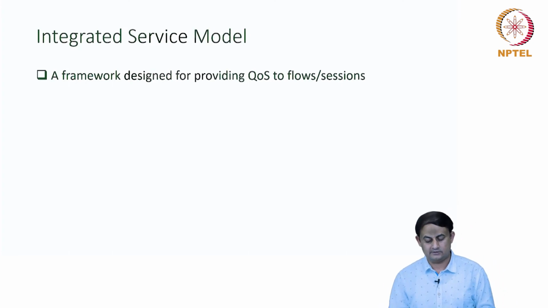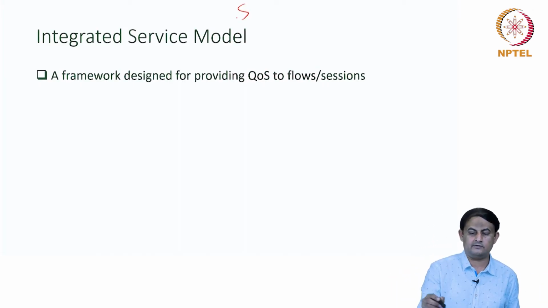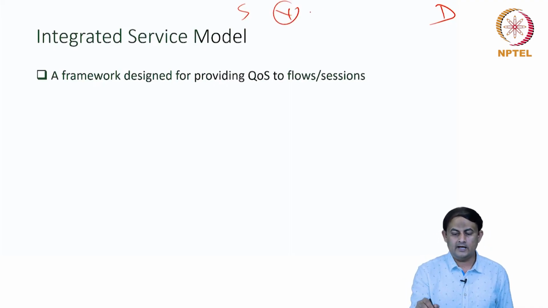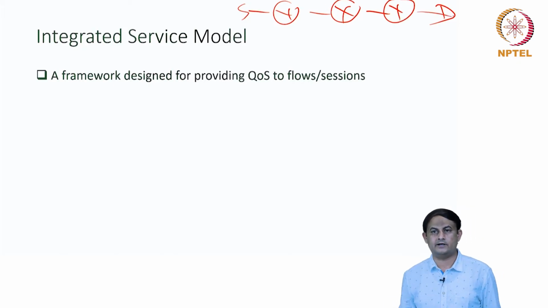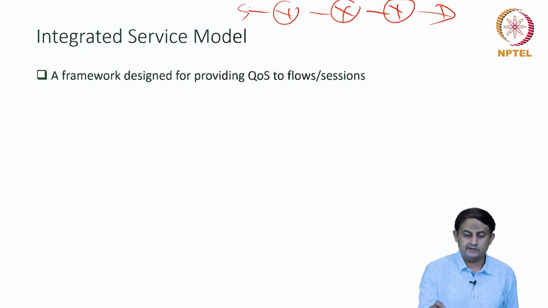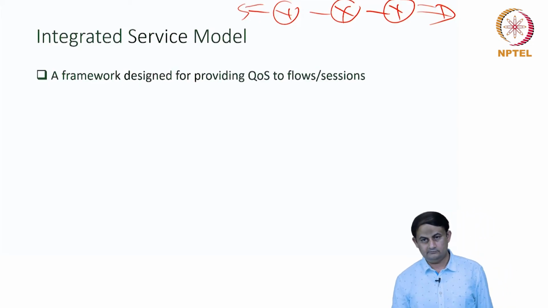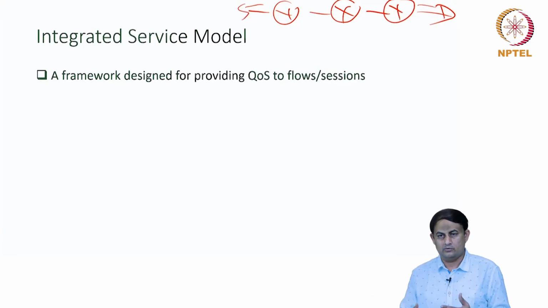So meaning, if a source is transmitting and D is the destination, and again through a bunch of intermediate nodes the packets are getting transmitted, the series of packets originating from one source going to one destination is called the flow or the session.